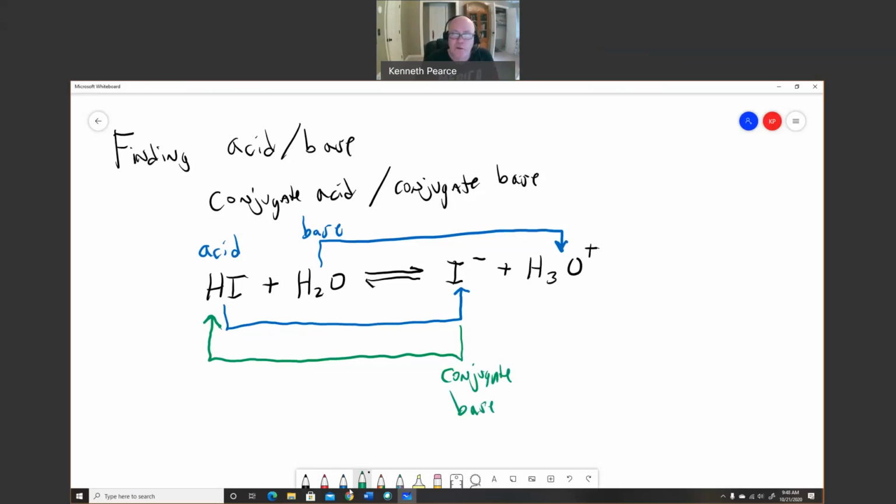And similarly, for the H3O plus, the hydronium, as it goes from right to left back to that water, what does it do? It loses a hydrogen. It goes from H3 to H2. So if you lose a hydrogen, that makes you an acid. But since it's on the right-hand side, we're going to call this the conjugate acid.